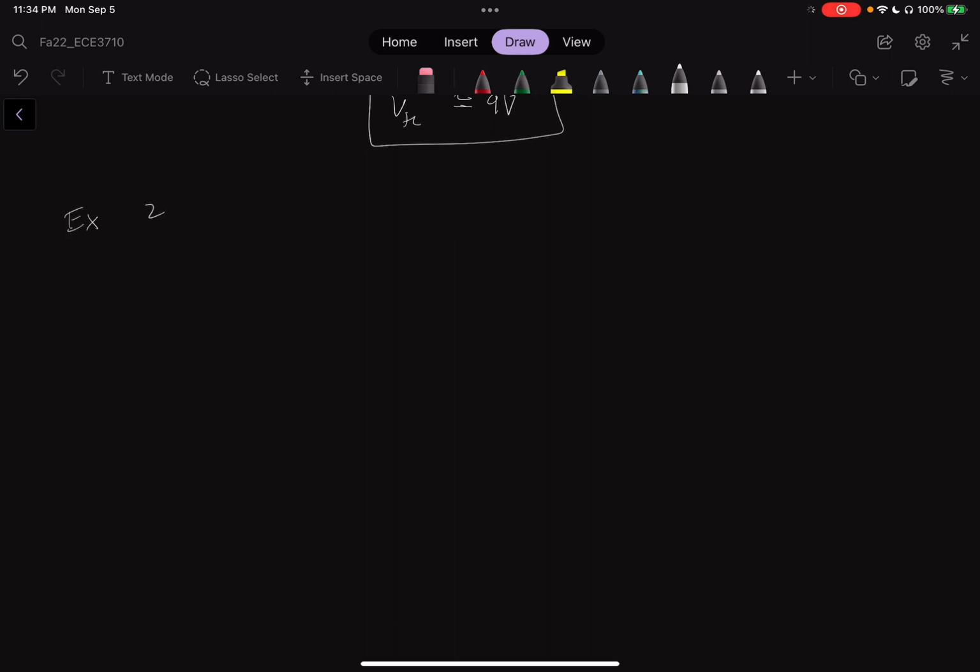Example number 2, 12, 6. Okay, this is terrible. Sorry. Okay, and we have R, minus plus, this is a resistor.